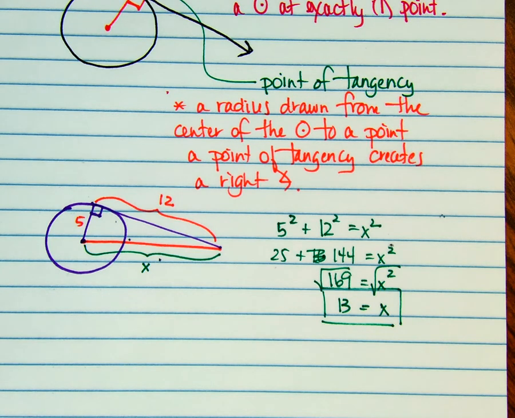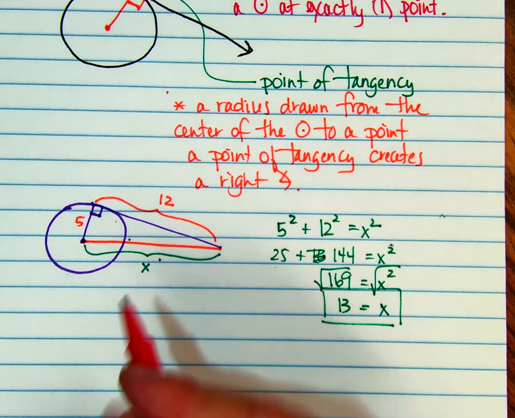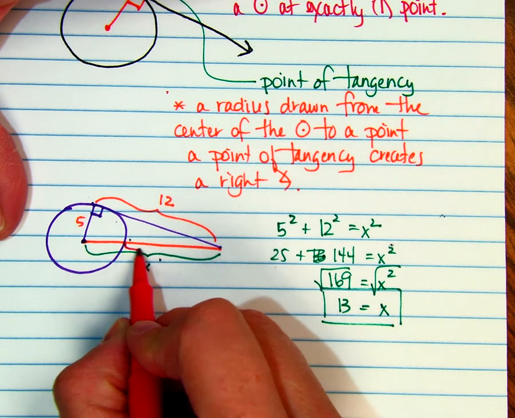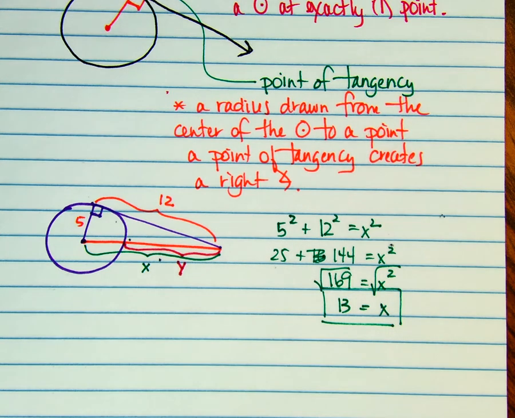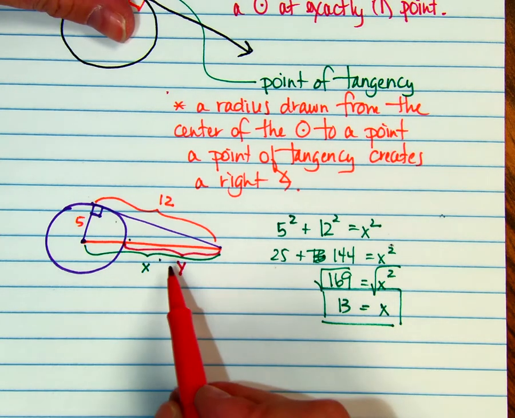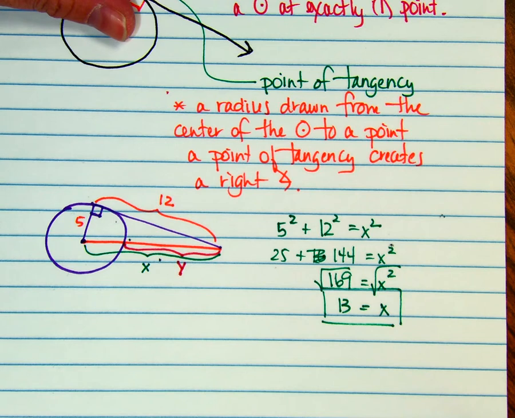So if I am looking for this piece, I'm going to label this piece as y. Okay, if that is y, how long is y? You might want to pause and look at it for a little bit.